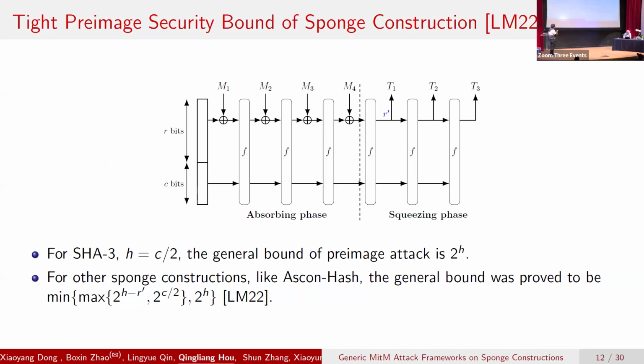So the general bound according to the formula is 2 to the h. So there are no new results on Keccak and SHA-3, and that's the same as the results at Eurocrypt 2023 by Chin's model.